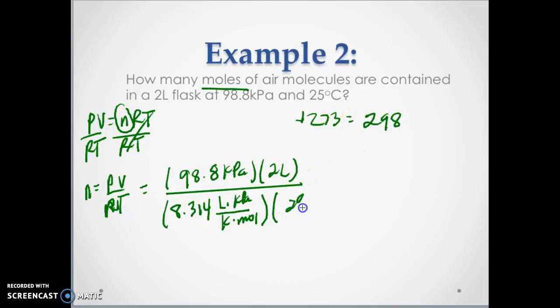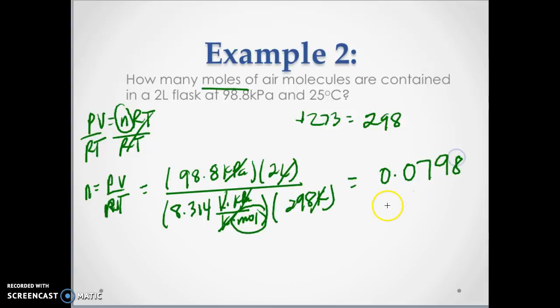And you have to double check the units. So kilopascals cancel. If this was in milliliters, you would have to turn it into liters, but it's already in liters. If this was in Celsius, you turn it into Kelvin, so the K's cancel, and then you're left with moles. And then your answer should be 0.0798 moles. So if you have a 2-liter flask and it's at that pressure and that temperature, that's how many moles of gas you would have.